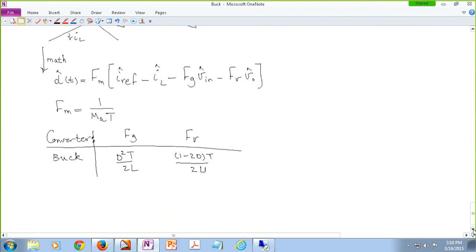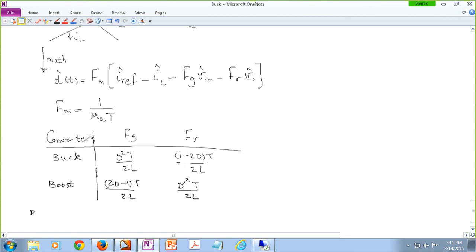Now if you're dealing with the boost topology, this is (2d minus 1) times T over 2L, and this is d prime squared times T over 2L.